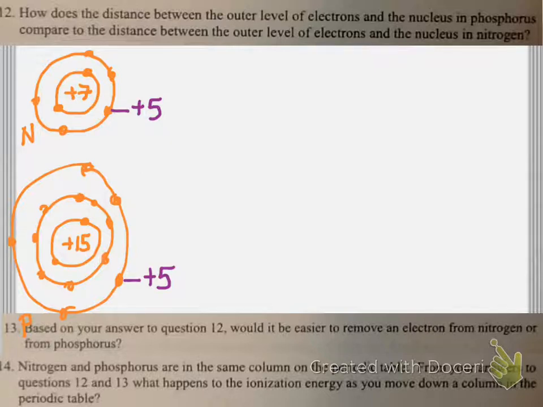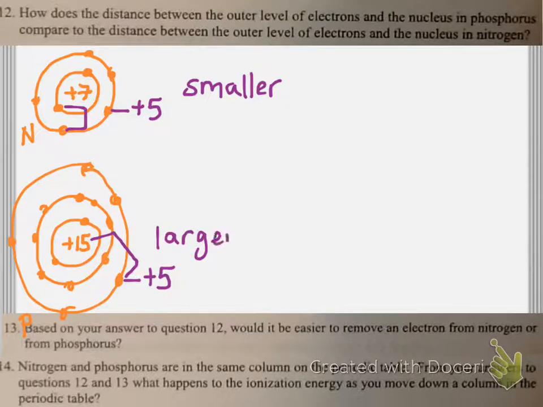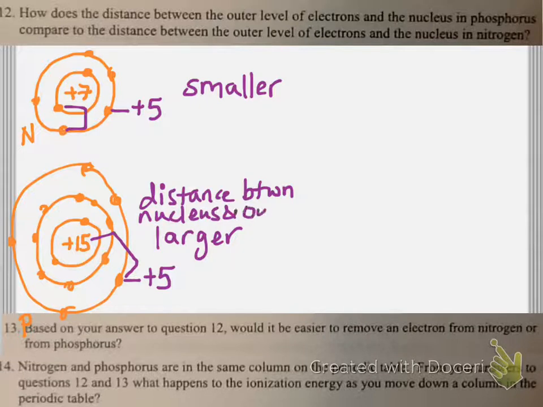Even just based on my pictures, which aren't necessarily drawn to scale, certainly the distances between the nucleus and the outer electrons are different. This distance is smaller, and this distance is larger.